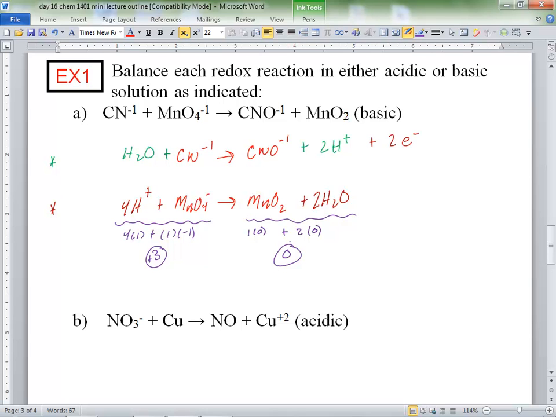You add electrons to the most positive side, Danielle, so that you get the same number on both sides. So what would you do? Add electrons to the most positive side. Definitely add them to this side. And how many?